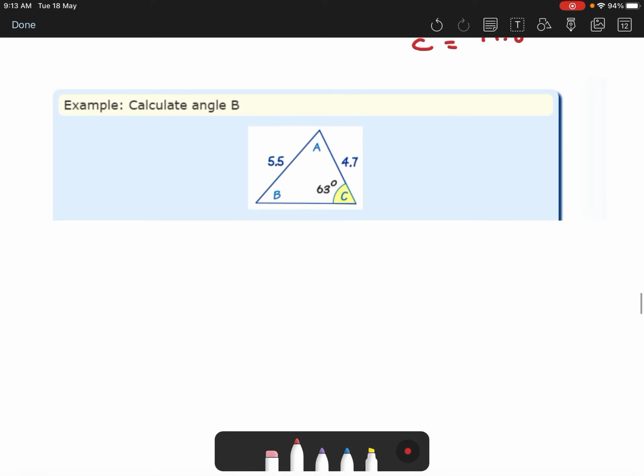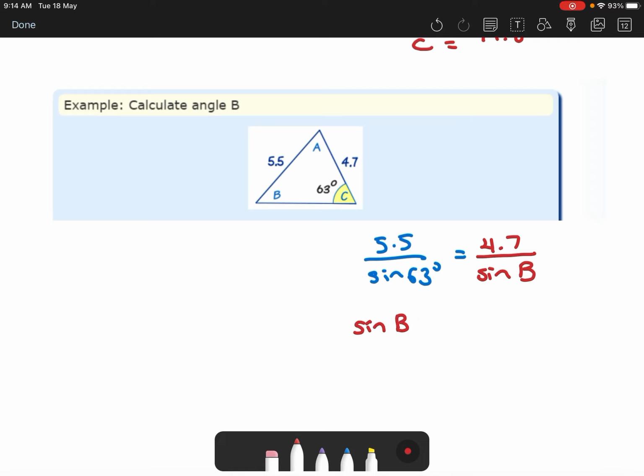Let's take a look at this example. We have the same thing: we have two lengths and one angle. I want to find what is my angle B. So we do 5.5 over sine 63 degree is equal to 4.7 over sine B. Then after that we just cross multiply.